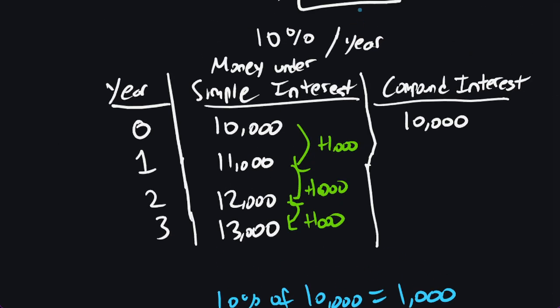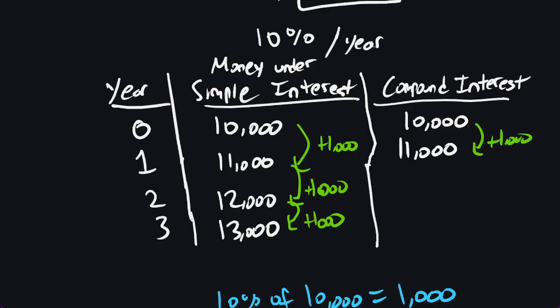So your money will increase by $1,000 in year 1. So at this point, you have $11,000. Under year 0 and year 1, simple and compound interest give you the same amount of money.